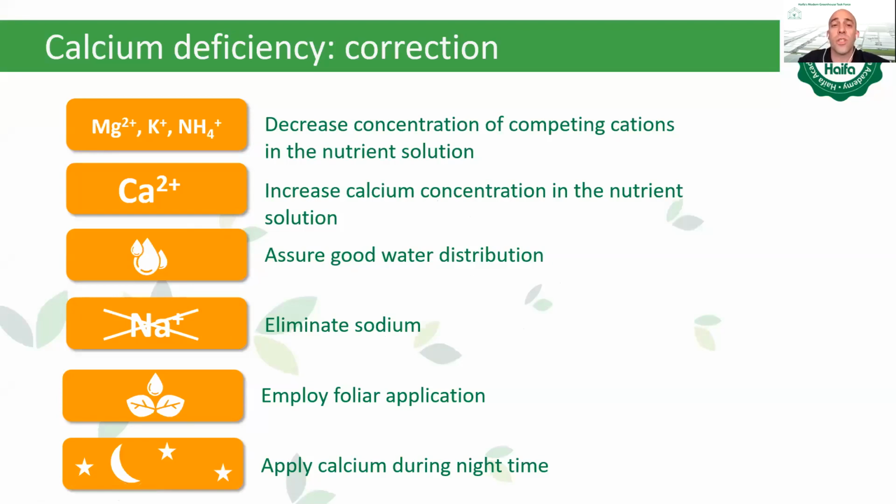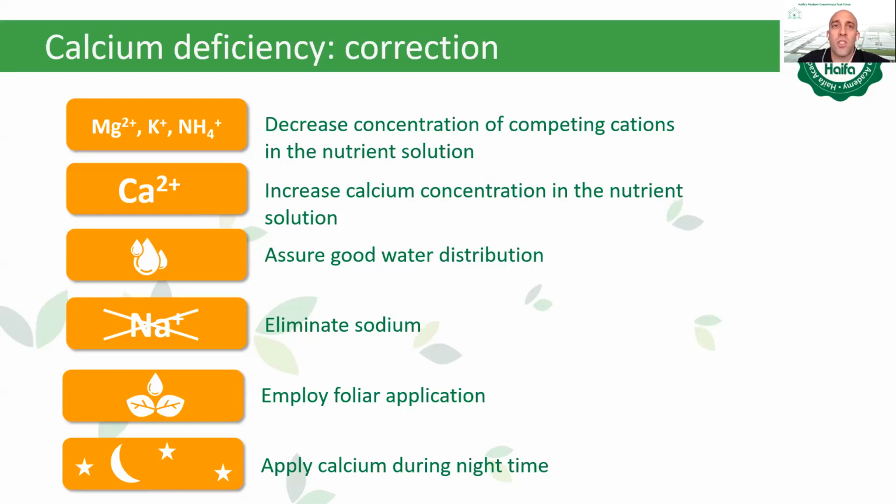A good solution for supplying sufficient calcium to the plant is foliar application. Although it's not common in all markets or all places, like modern greenhouses, where they don't apply calcium by foliar application, it's very common in other markets.